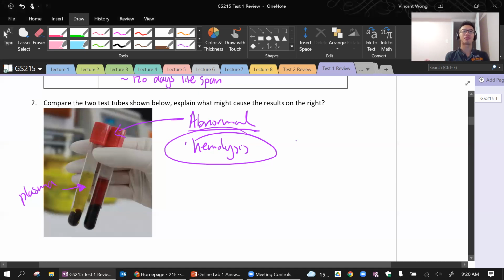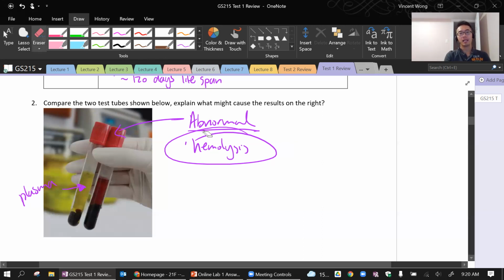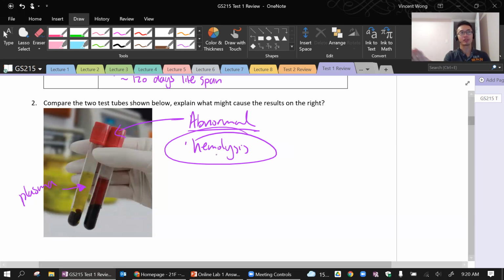Wrong transfusion, for example. Wrong transfusion could be, you know, hemolytic disease of the newborn, because of the antibody and the RBC crossing over, resulting in hemolysis. Remember, we just talked about this in the lab. Are we clear? There are of course a whole bunch of other reasons why you might get hemolysis. But that's the one that we've learned.